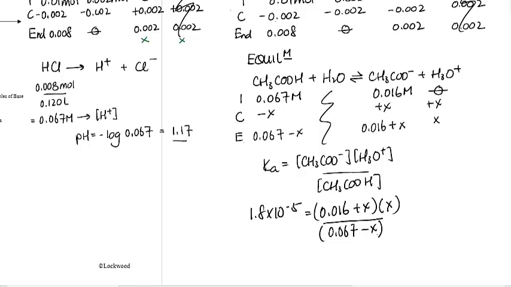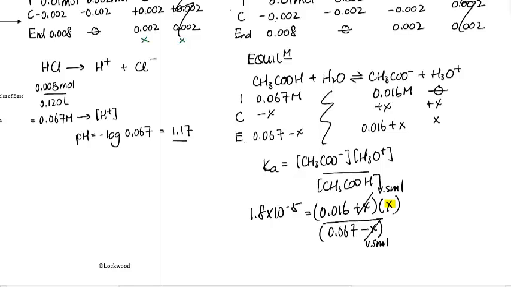Now when we take a look at this again, to simplify our calculations, we make an assumption of x as being very small. Now you have to be careful here that the x's that we can consider to be very small are the ones that are adding or subtracting. So here we're going to assume that this minus x is very small. We're going to assume this plus x over here is also very small, but we cannot assume this x over here to be very small because it is being multiplied.